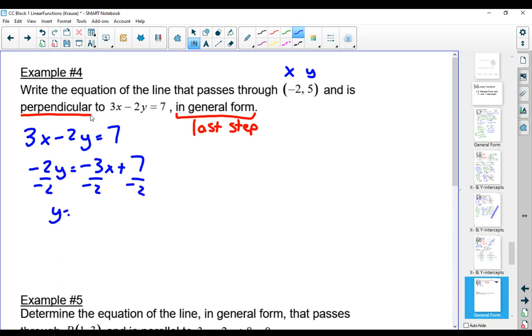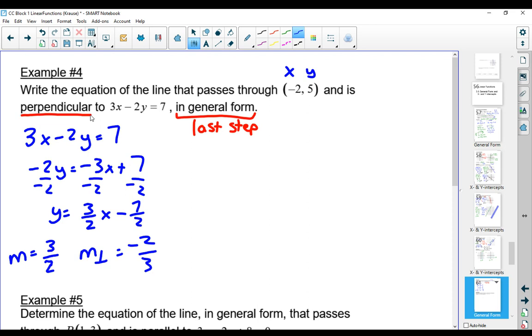And I have y equals 3/2 x minus 7/2. Now the 7/2 I'm not really concerned about because I only want to know what the slope is. For this equation, the slope is 3/2. I'm asked to find the perpendicular slope, meaning negative reciprocal, so that's going to be -2/3. So -2/3 is my perpendicular slope.